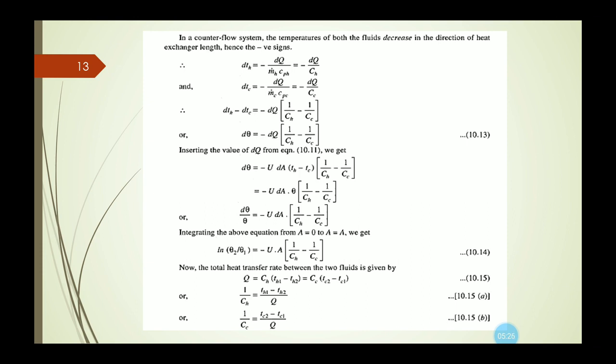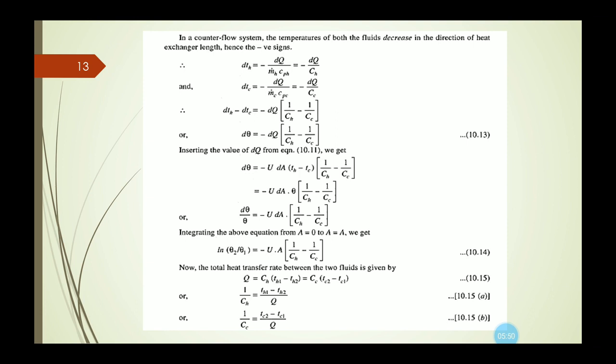Now if we subtract the second one, that is dTc, from the first one, that is dTh, then after some steps we will get d theta equals minus dq (1 by Ch minus 1 by Cc). That is the equation number 10.13 that we are getting here.